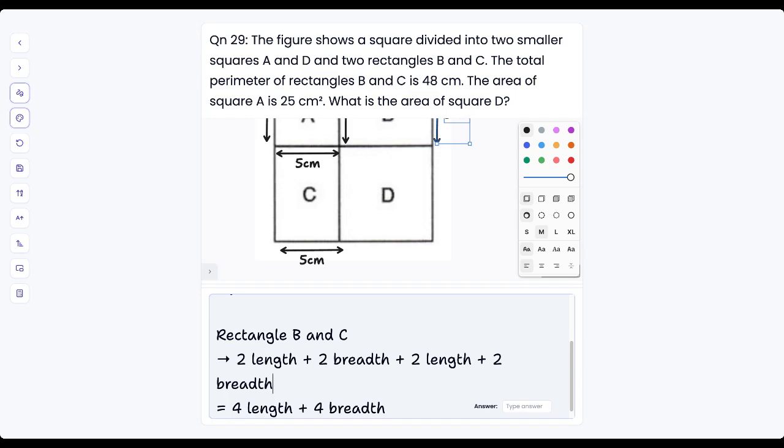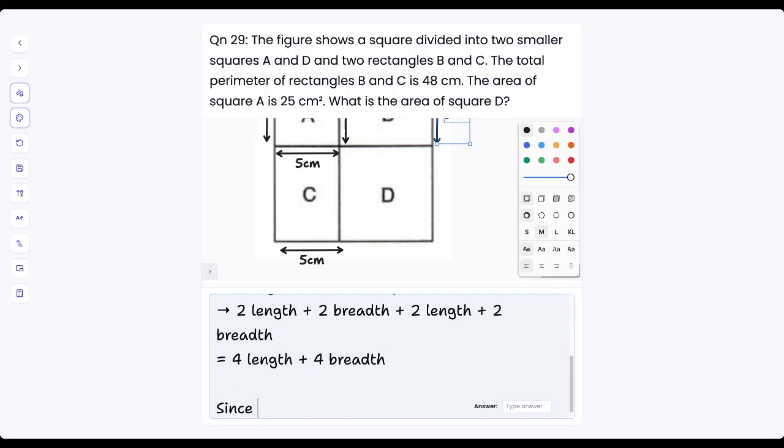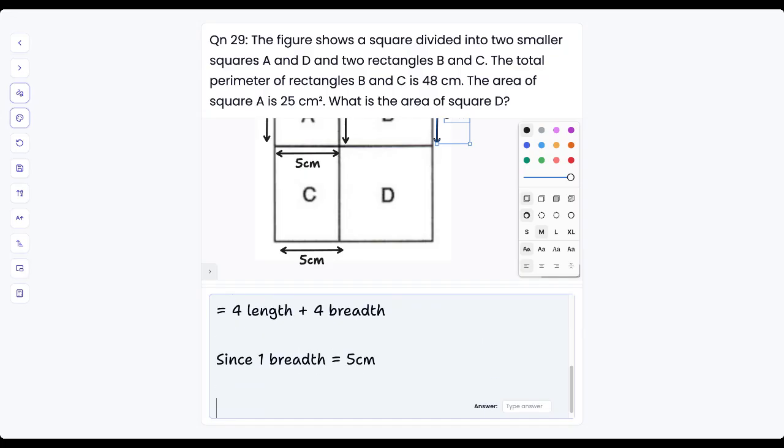So the total perimeter. Since one breadth is equal to 5 centimeters, that means 48 centimeters is equal to 4 length plus 4 times 5 centimeters.